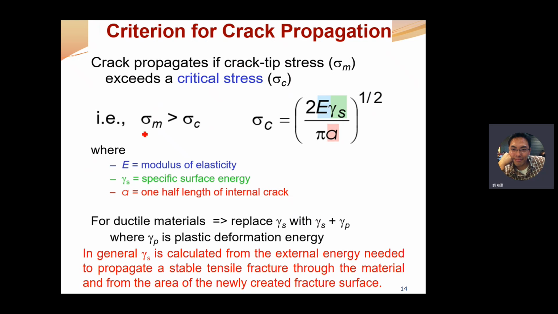So when the maximum stress is higher than the critical stress, this crack will begin to propagate. And the critical stress is material dependent. You have a Young's modulus and the crack size.